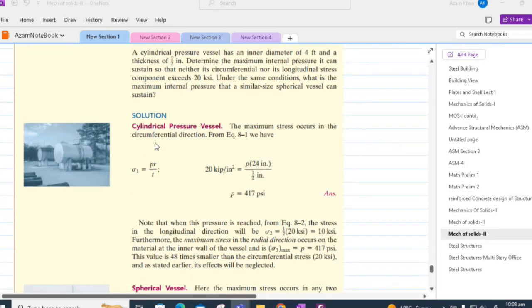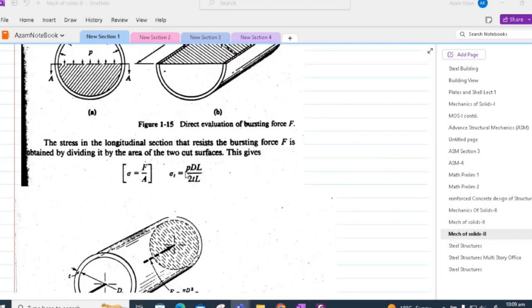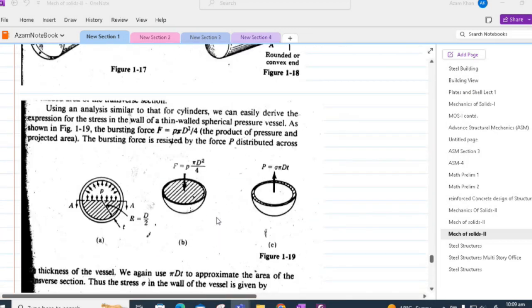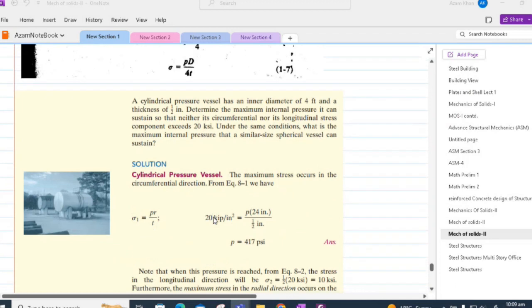So as we said, in the case of a cylindrical pressure vessel, we have the maximum stress equal to pr by t or pd by 2t. So this is our tangential stress.